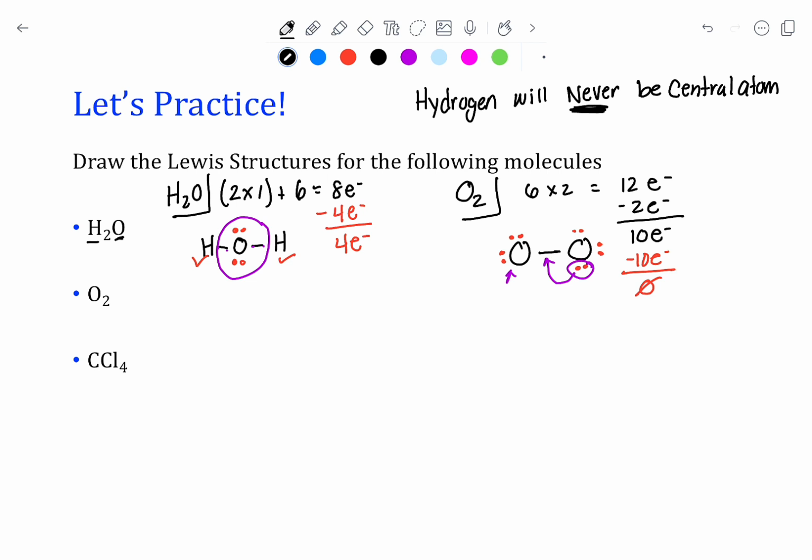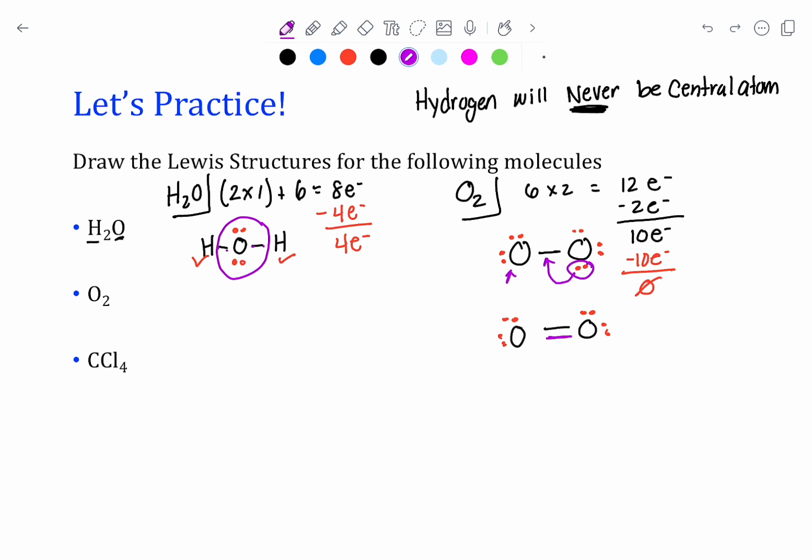So this becomes oxygen double bonded to oxygen. This oxygen still has 2 lone pairs. This oxygen now has 2 lone pairs, because its 3rd lone pair is now shared in between the oxygens with a double bond. So we can double check. This oxygen now has 8 electrons around it, and this oxygen now has 8 electrons around it.